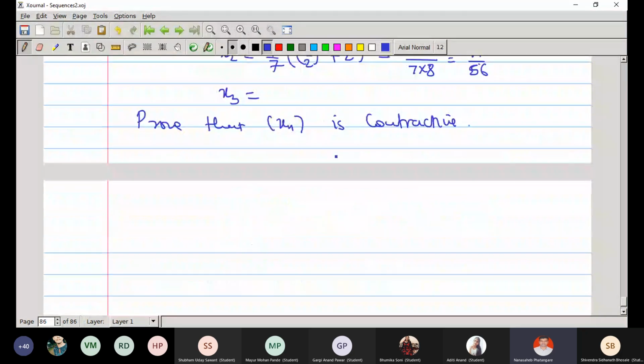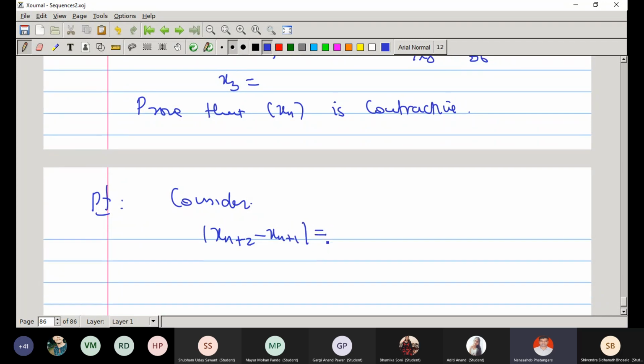So let us try to do this. Consider xn plus 2 minus xn plus 1. Let us calculate this difference and see what happens.